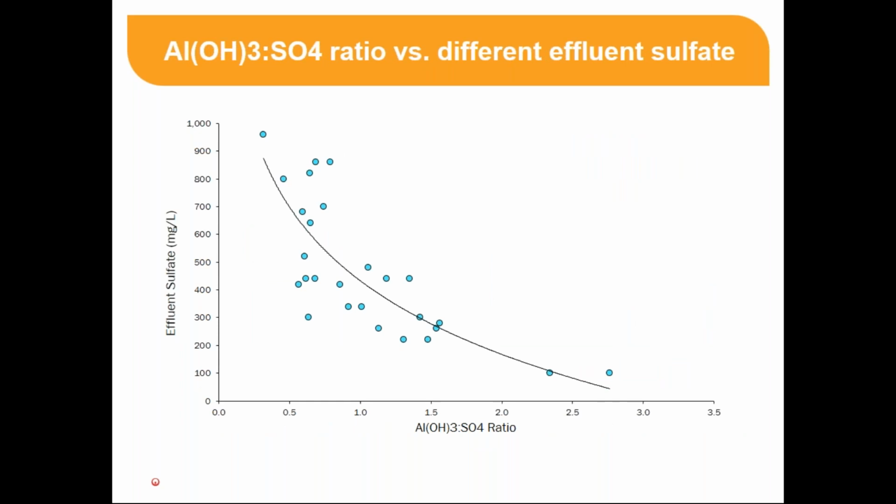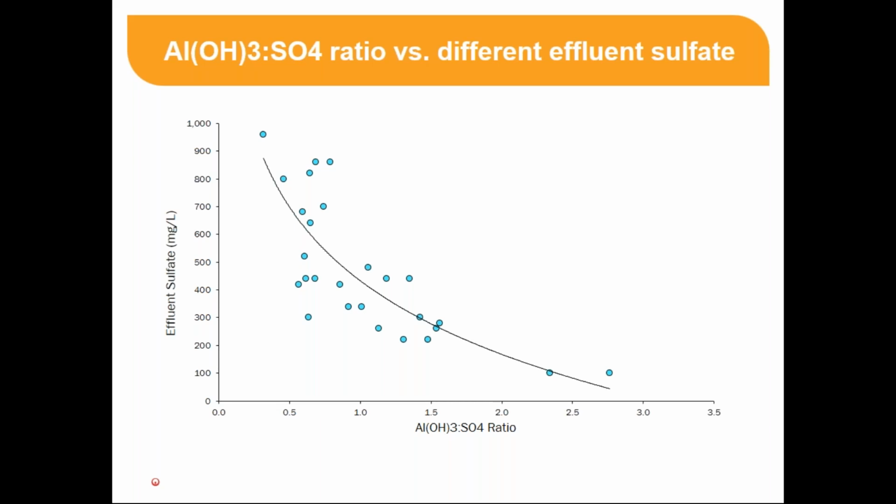So this slide shows your effluent sulfates against the aluminum hydroxide to sulfate ratio. Aluminum hydroxide to sulfate ratio is a very important parameter that indicates how much aluminum needs to be there in order to reduce your sulfates in the effluent. You can see, as I said, during the early stages of the pilot we had very high sulfate. That's mainly because we were running our aluminum hydroxide to sulfate ratio around 0.5 to 1.